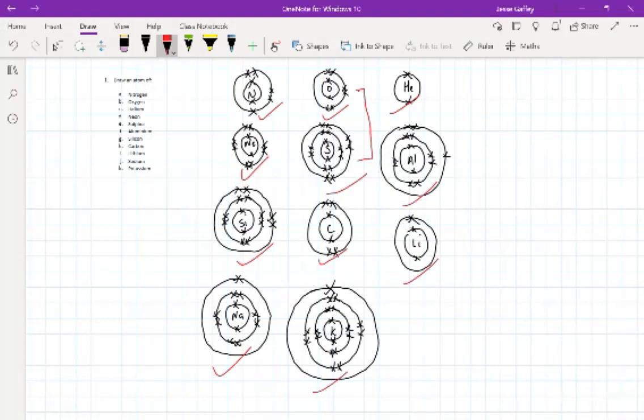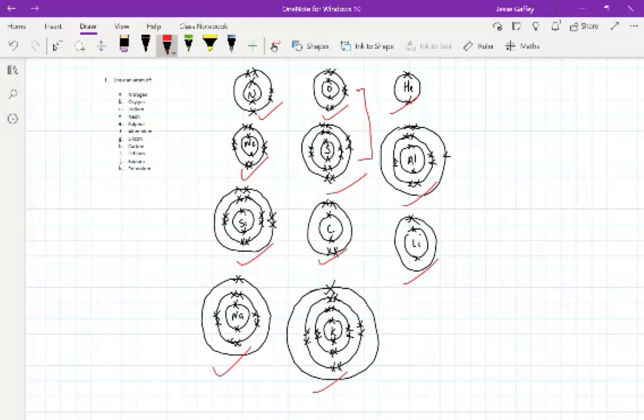Now, the rules of the 2, 8, 8, and so on, are there for a reason. We do know things about electrons that make us believe they are in what we call energy levels. 2 are close to the nucleus, 8 are a bit further away, then another 8 are a bit further away. It's not like we're just making it up.